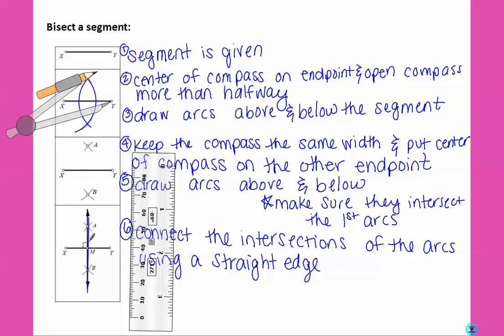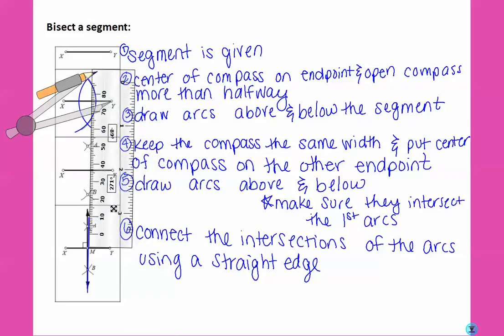What do we also know from this box, or by putting the corner of the ruler at the intersection? This is not only a bisector, but it's also a perpendicular line.